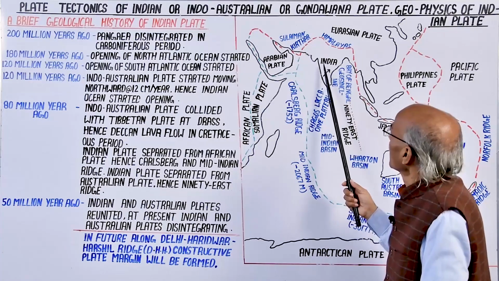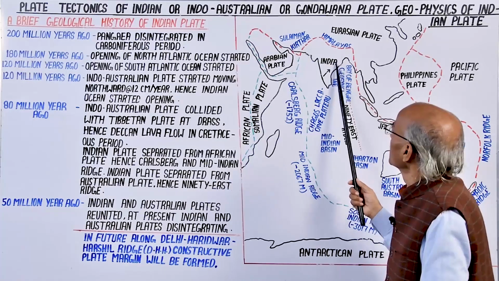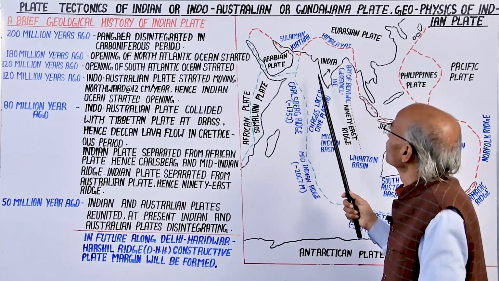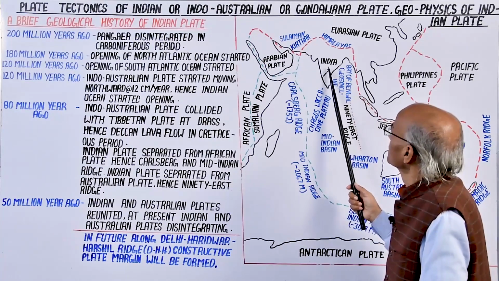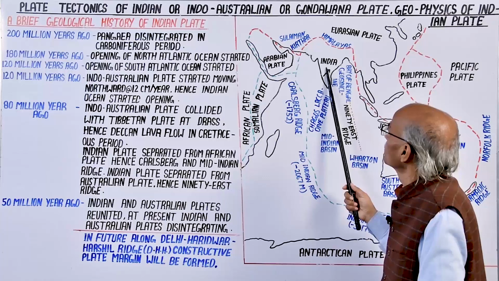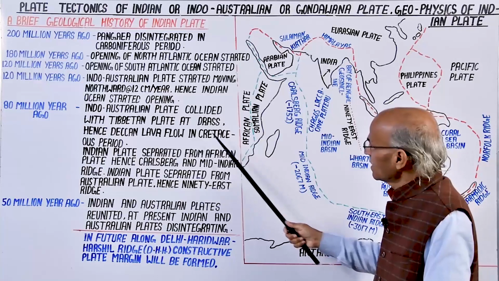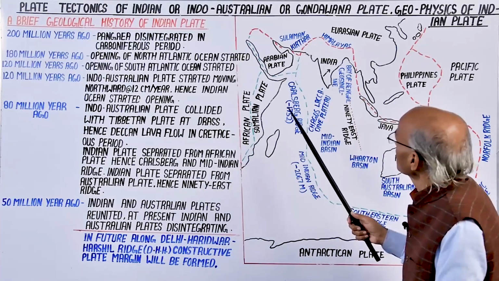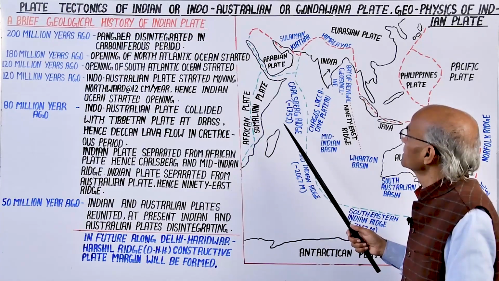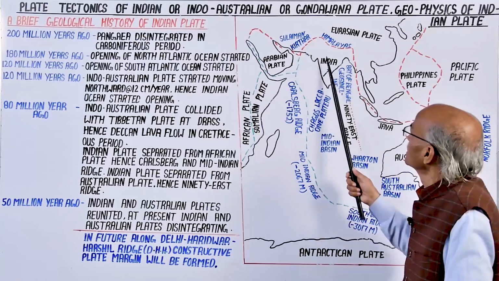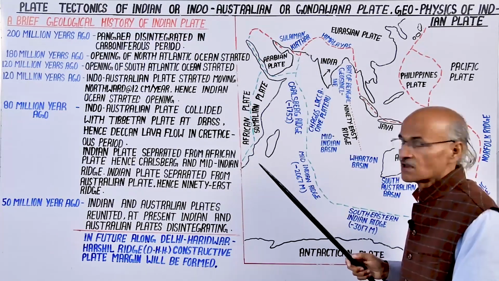After the name of this Gond tribe, this plateau land of India is called Gondwana, and the structurally uniform regions of this Indian plateau, which are here Australia, Africa and South America, are collectively called Gondwana land. And after the disintegration of Gondwana land, this Indian plateau reached here. Hence, it is called the Gondwana plate.